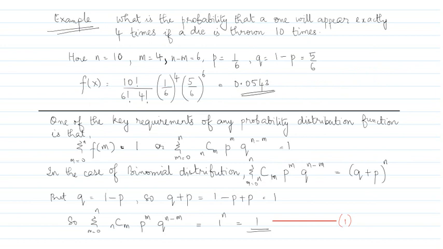What is the probability that 1 will appear exactly 4 times if a die is thrown 10 times? ചോദ്യം ഒന്നും കൂടി പറയാം.